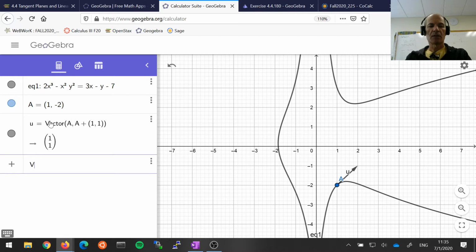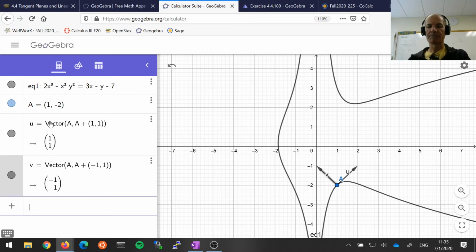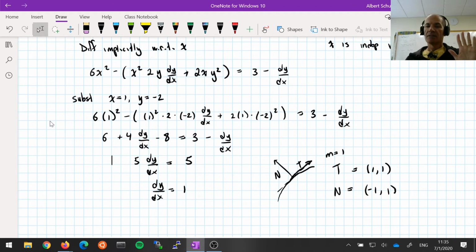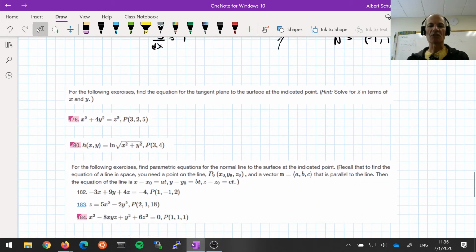Again we'll start a vector here, put its tail at A, and move it in the normal direction, like that. And that's the normal vector. Still haven't really worked with tangent planes yet, but just dredging up some old ideas about tangency and implicit differentiation.